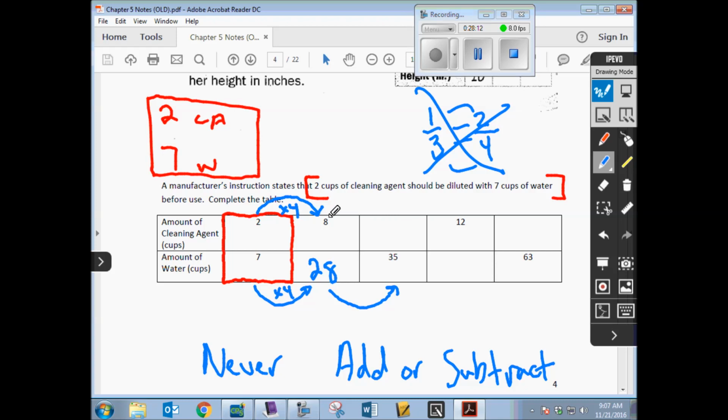So what would we scale to? If we were right here, what could we scale to get from 8 to 12? Divide by 2. Times 5. Times 5 would be, no, wait, you want to make this 40?